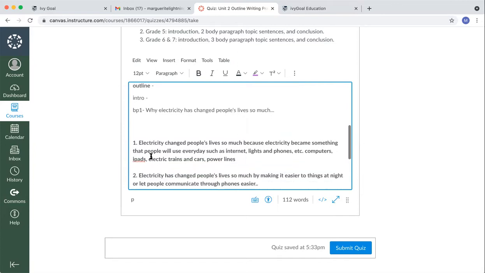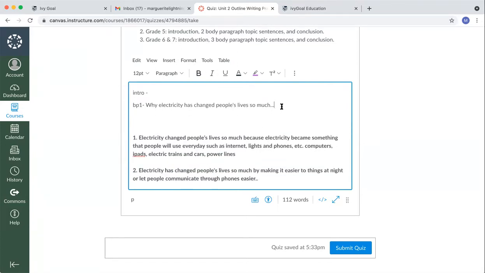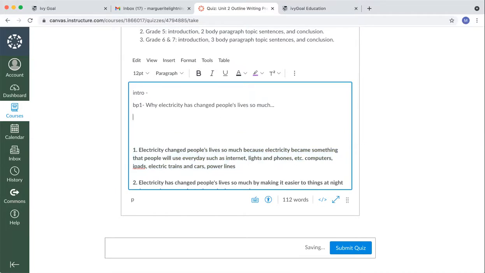Okay, so who thinks they can summarize number 1 for me in a short phrase? Who thinks they can do that? Could be a challenge. Okay, Parisa, how can I summarize that? You can summarize it by just saying electricity changed people's lives and became something that people used every day.